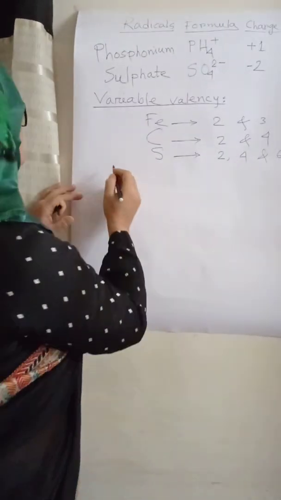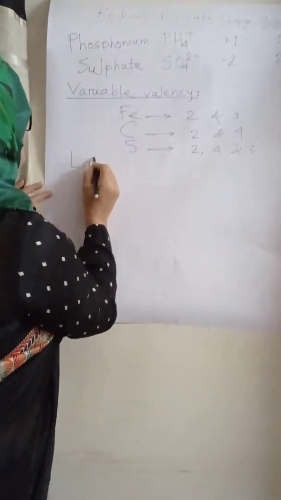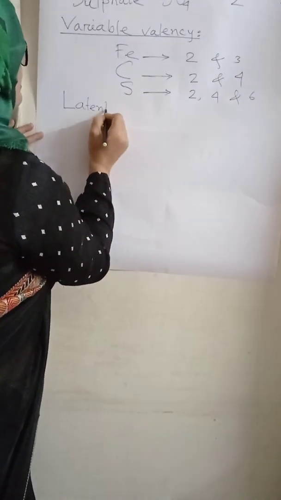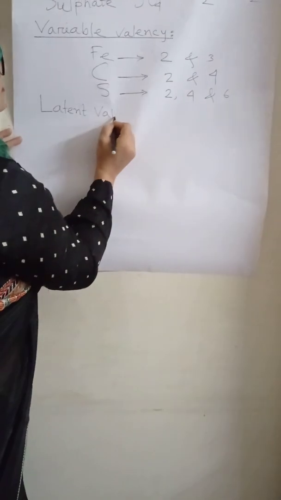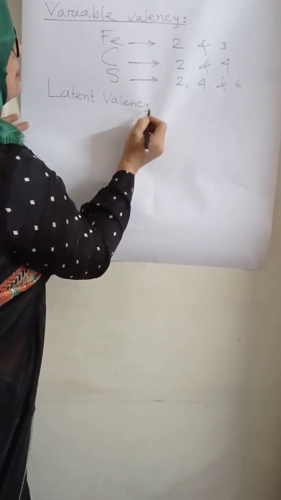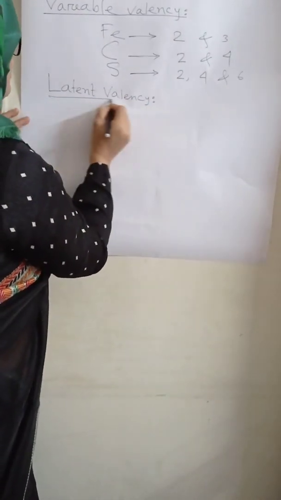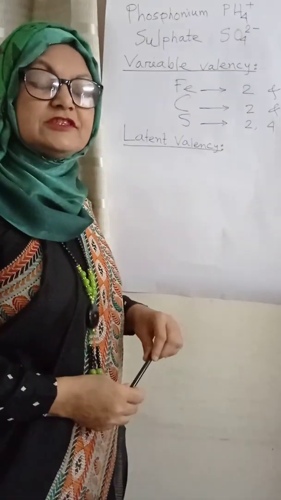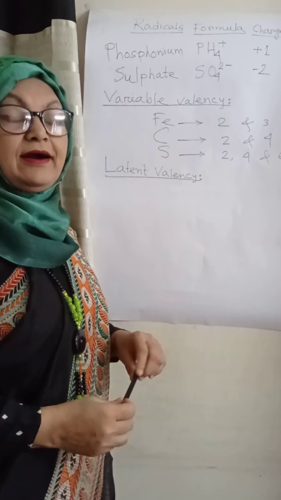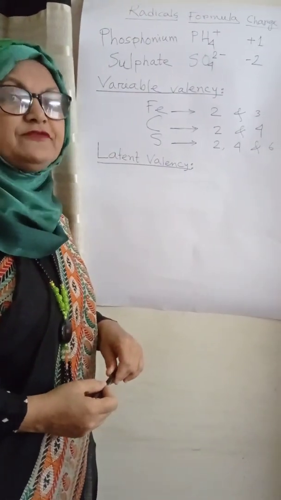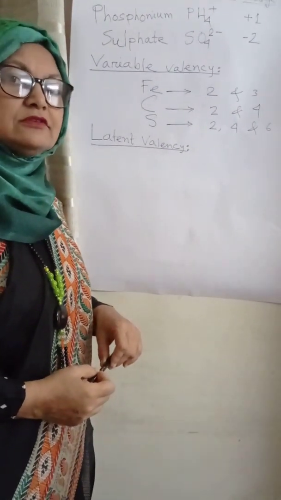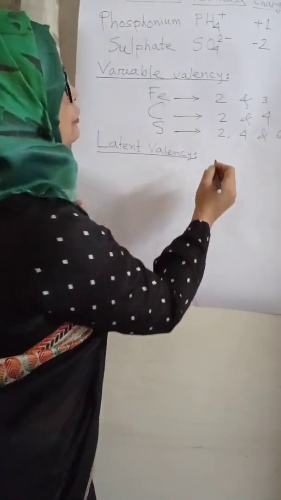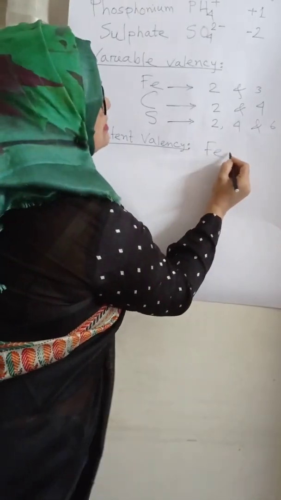Now another term, latent valency. Now what is latent valency? The difference between the highest valency and active valency is called latent valency. For example, ferrous chloride.